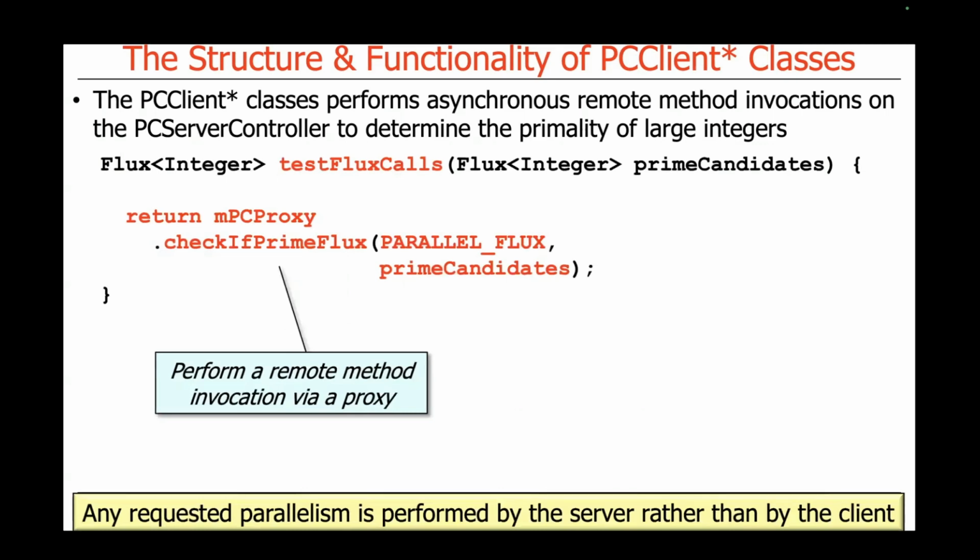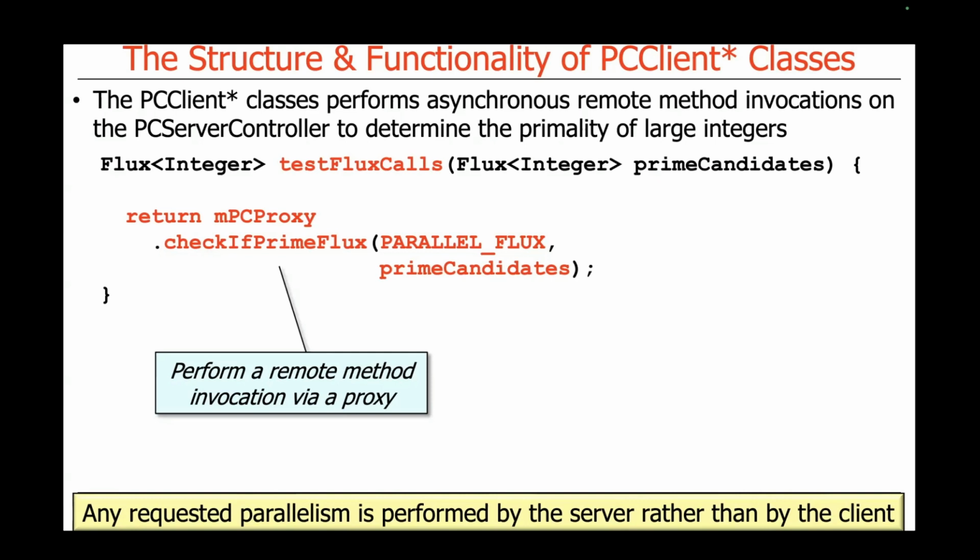It's super simple on the client side. All we do is take that flux of integers, which are the prime candidates, and forward it to the server using the proxy's checkIfPrimeFlux method, passing in the prime candidates and saying we want to use parallel fluxes. That's the strategy we use.